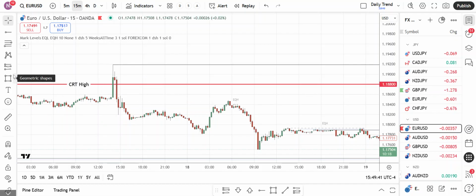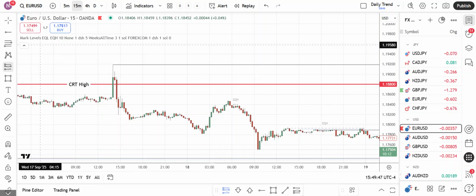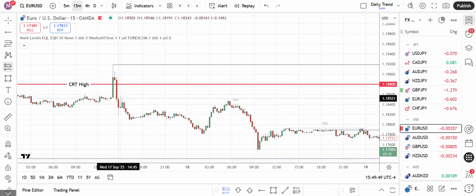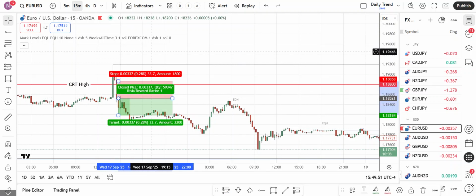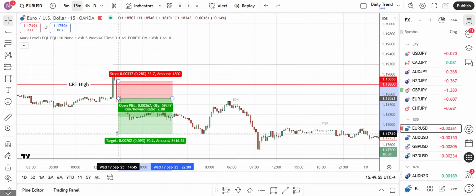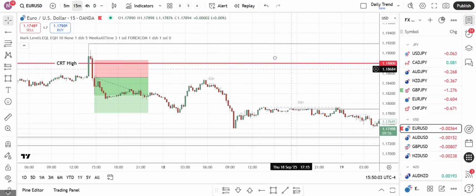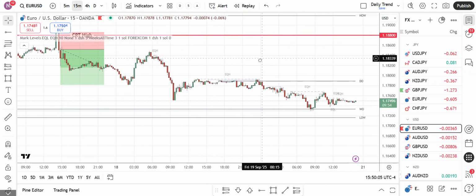But the Fed decision came out at 2 p.m. Eastern Standard Time on Wednesday. But this one, based on the current high of the week, would have been good for an entry there as it went above and then closed below. Sizable stop loss. Well, let's see if we could have got at least 1 to 2. We could have, 33 pip stop loss. If you had a 70 pip take profit, that would have worked out for you. It did keep dropping as well for the rest of the week, as you can see.